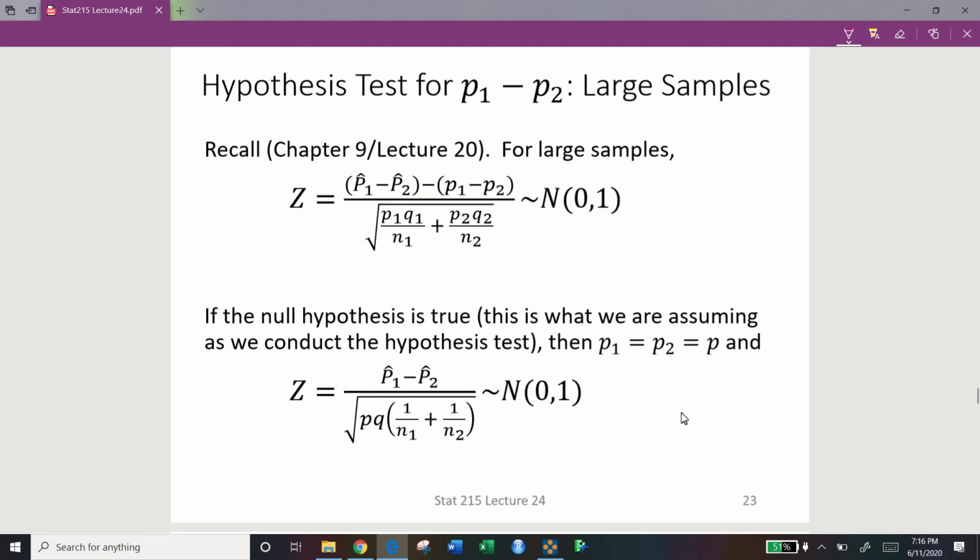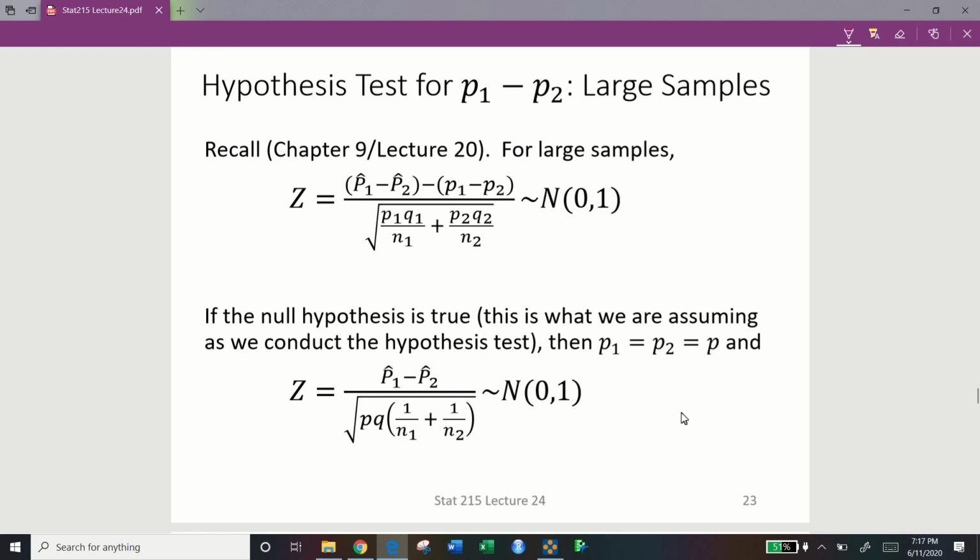If we recall from Chapter 9 and Lecture 20, for large samples, our z statistic is going to be the quantity of p1 hat minus p2 hat, minus the quantity p1 minus p2, over the square root of p1 q1 over n1 plus p2 q2 over n2, which will approximately follow the standard normal distribution.